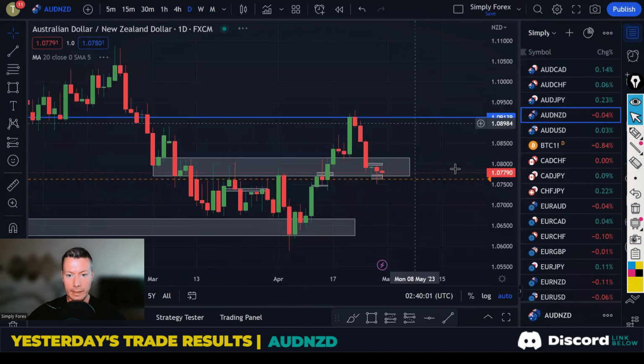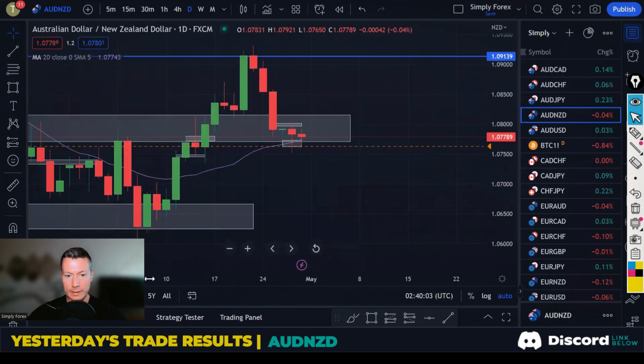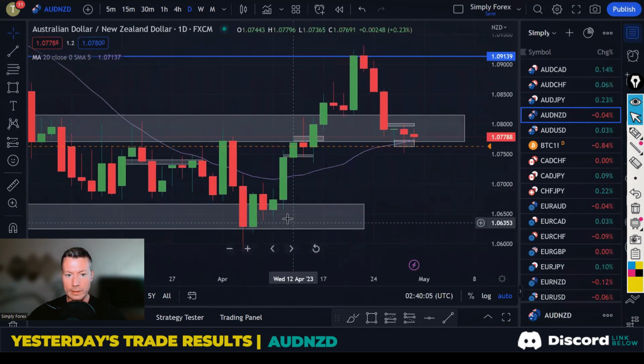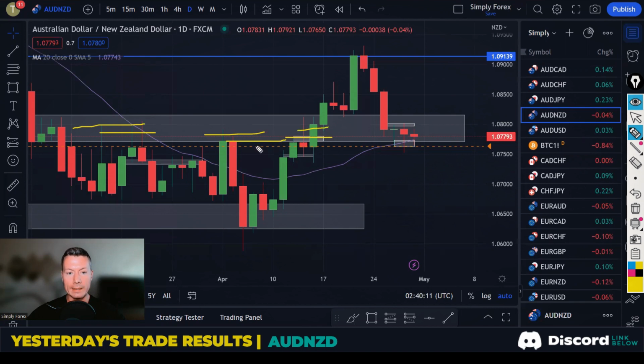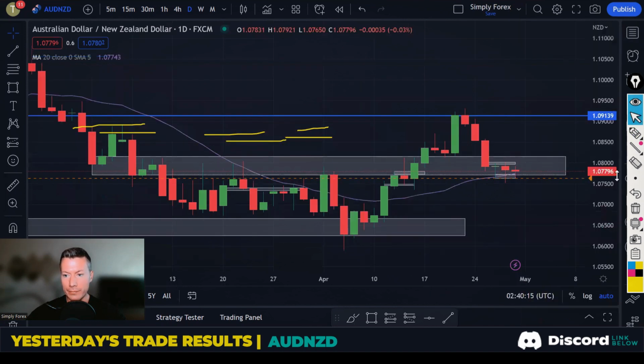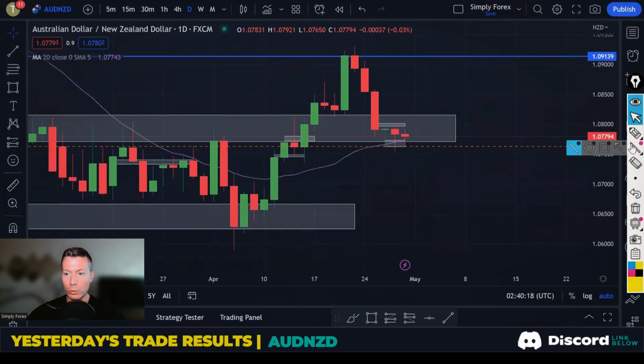If we look at the day chart, what are we seeing? We have this zone through here, this grey zone where price has reacted historically. And guys, you know how much I love this pattern. What was once resistance, when it breaks and retests, becomes very good support.